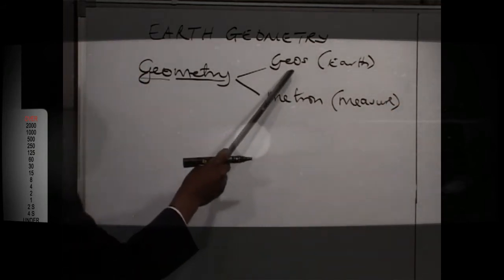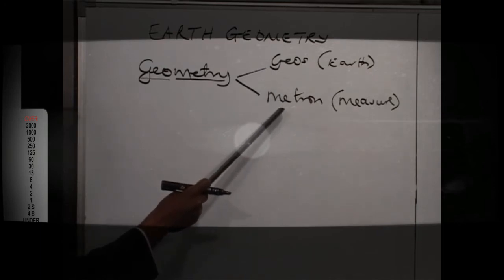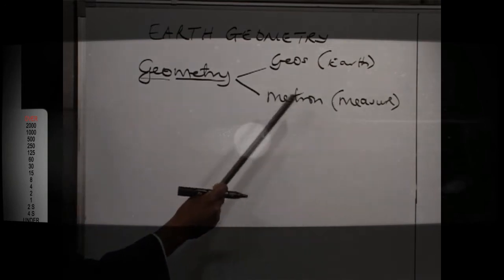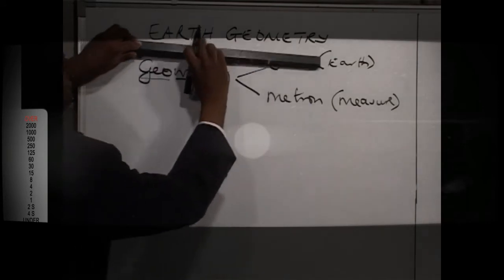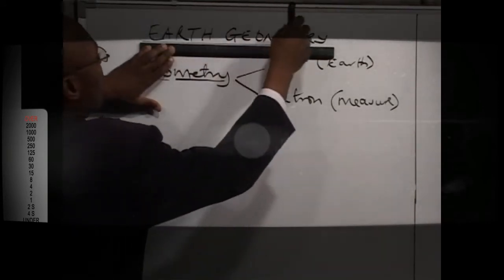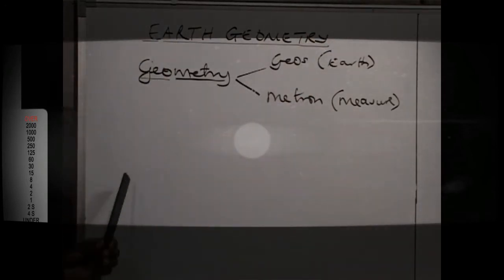So combining the two words, geo as well as metron, it means we are looking at the earth measure. So basically, earth geometry is all about the measurement of the earth, where we measure the distances on the earth's surface.